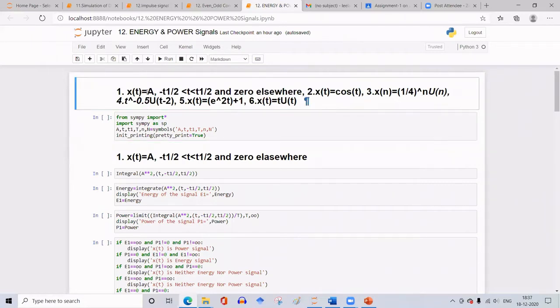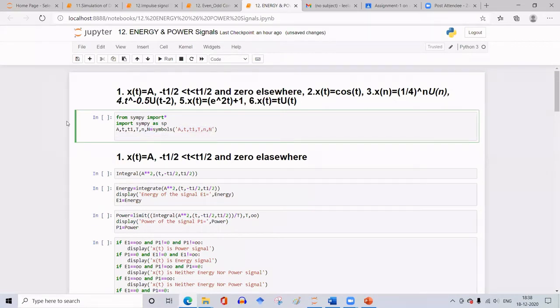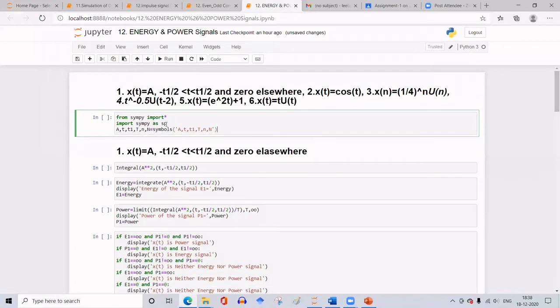One is t, next is capital A, then t1, then n, and capital T, because energy calculations require this capital T, and small n and capital N. So these are all defined as symbols here, and we don't need this init printing. Let me run this cell.